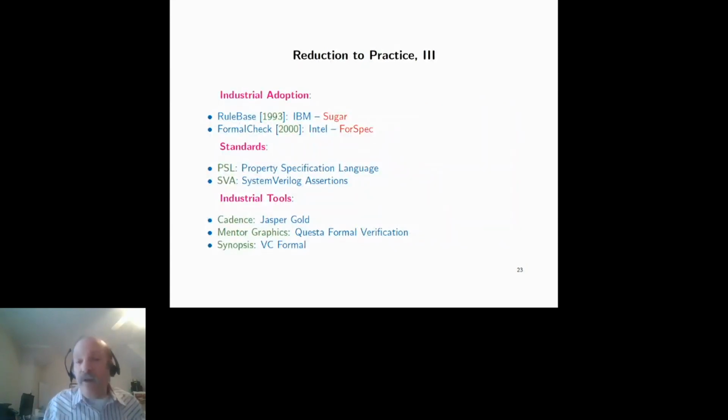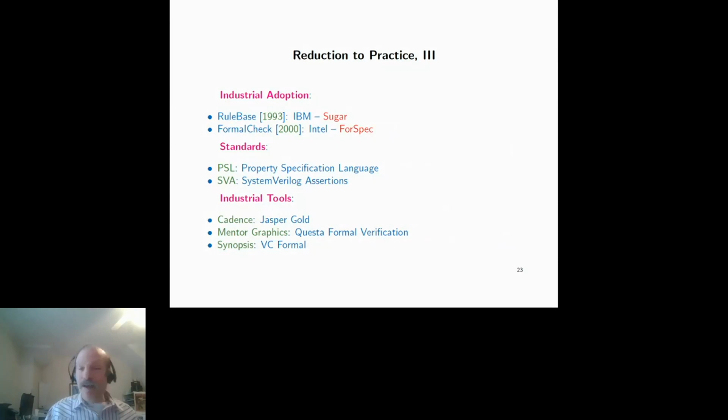But the industry continued to accept formal verification, mostly for hardware, and I'll come back to that point. So IBM built RuleBase, Intel built a tool called FormalCheck. They developed languages, Sugar and ForSpec, that led to standard industrial languages. PSL and SVA are IEEE standards.